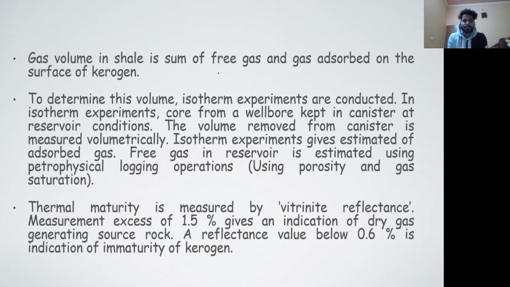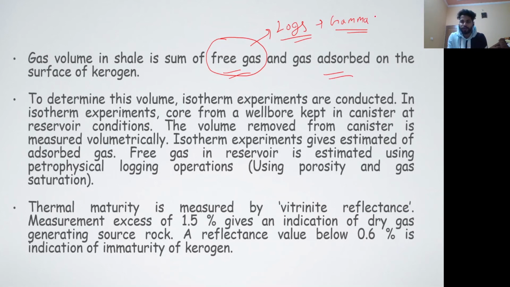This we already discussed, that gas volume in shale is the sum of your free gas and gas adsorbed on the surface of kerogen. To determine this volume in the lab, this free gas we generally account for using petrophysical methods like logging. We use gamma ray logs to find zones which contain shale.